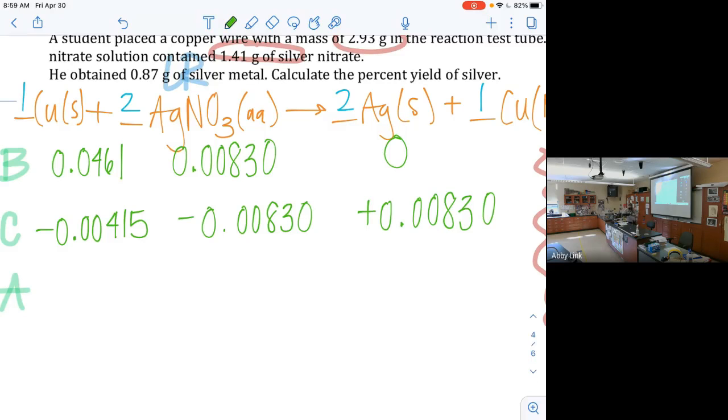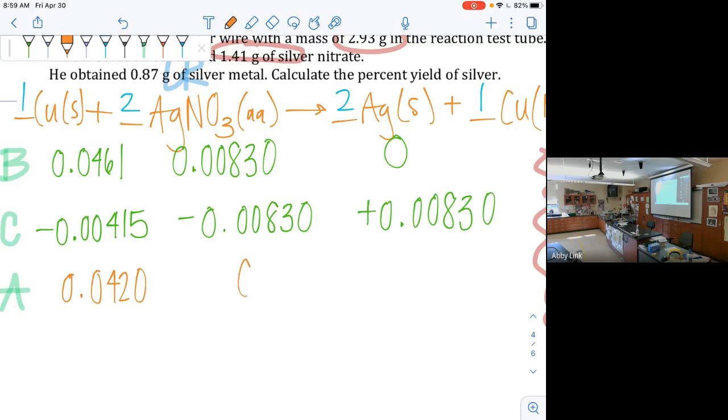A bit of subtraction to do here. 0.046 minus 0.00415 leaves me with 0.0420. This leaves me with 0, and this leaves me with the same amount. All right, now let's take a step back. We did our BCA table, but what is the problem actually asking us for?